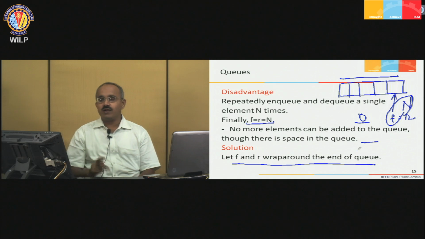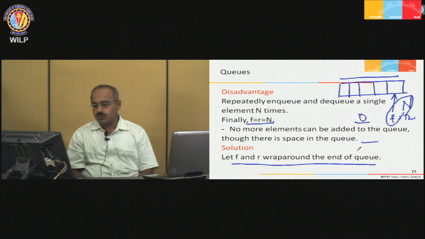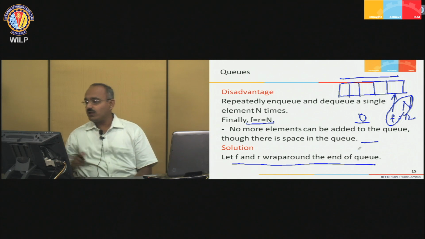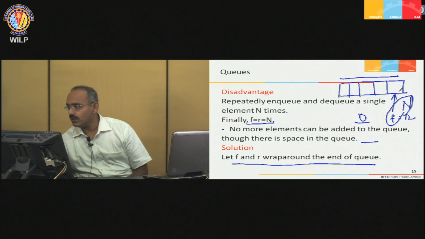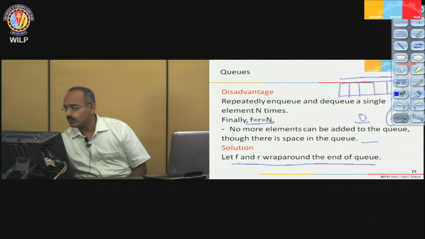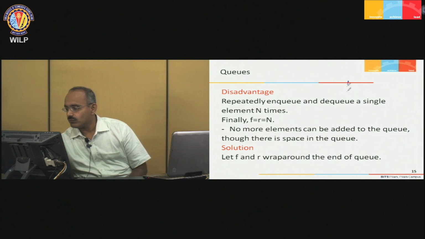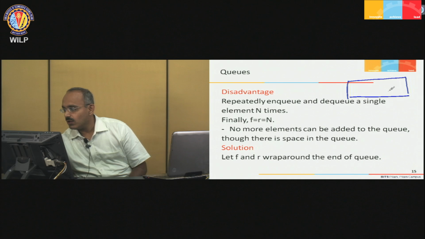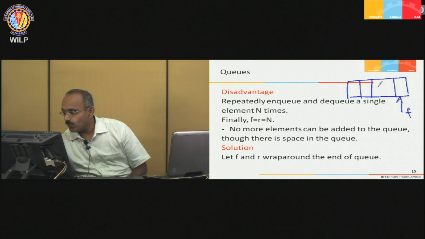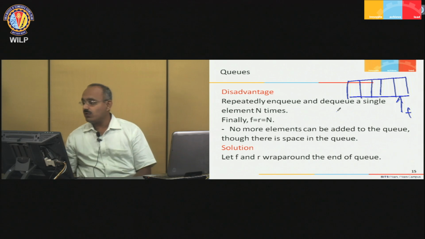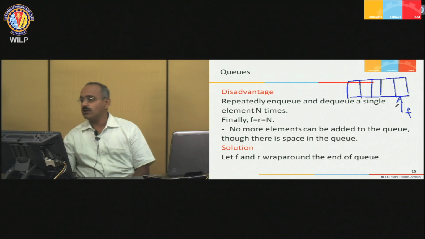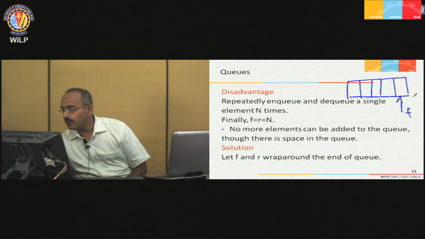So you allow F and R to wrap around the Q. What that would mean is, when you have F pointing here and you still have space in the Q, if you want to add and if you want to delete an element, your front can be wrapped around here.